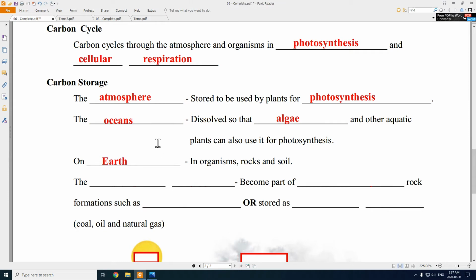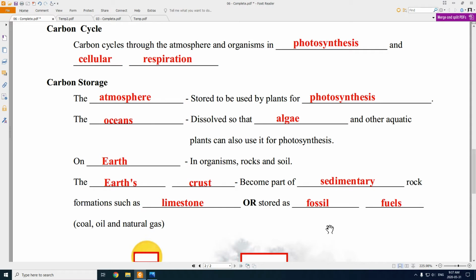Also on the earth, so in the organisms, the plants and animals, and also the lithosphere, in the rocks and the soil that are making up the earth. And also in the Earth's crust. So it naturally becomes part of sedimentary rocks, for example limestone, or fossil fuels like coal and oil and natural gas.